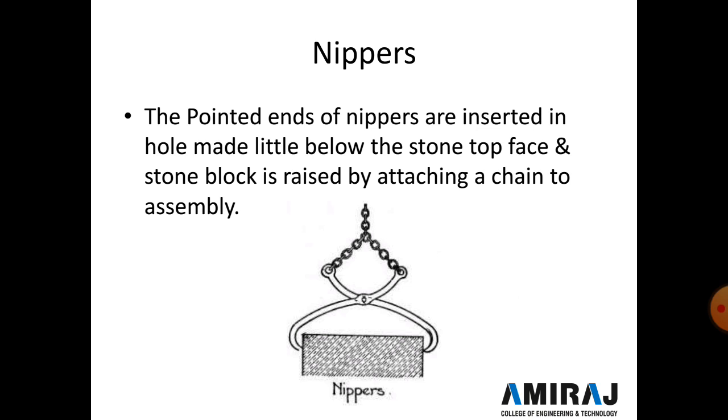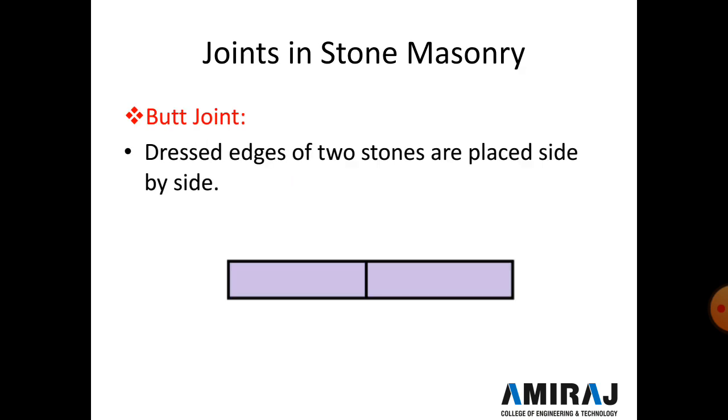Now next is joints in stone masonry. So there are different joints in stone masonry. So one by one we discuss. First joint is a butt joint. So here butt joint is a simple joint, looks like a brick masonry joint when we use brick as masonry work. So two bricks are near to each other and by using the mortar we join the two bricks.